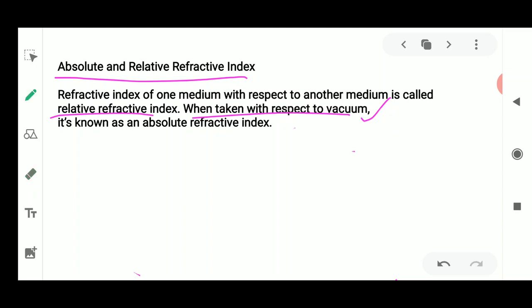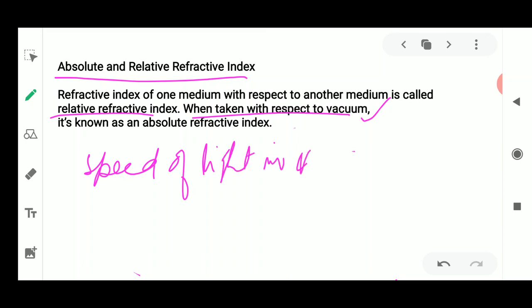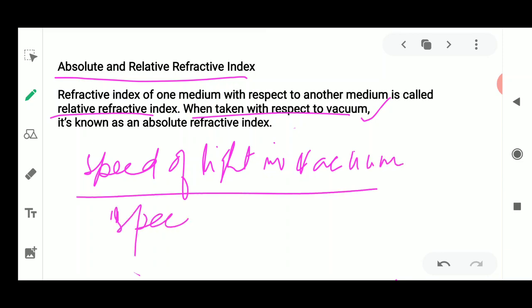So this absolute refractive index, how are you going to express? This is the speed of light in vacuum with respect to the speed of light in medium.